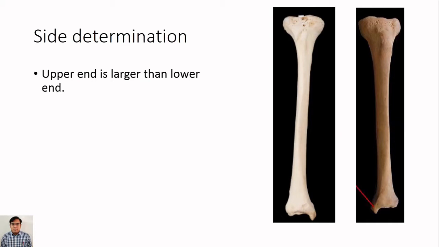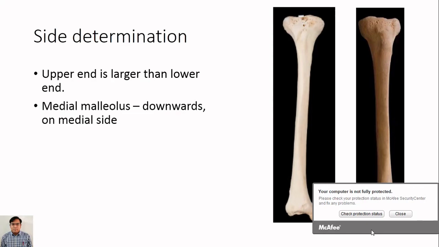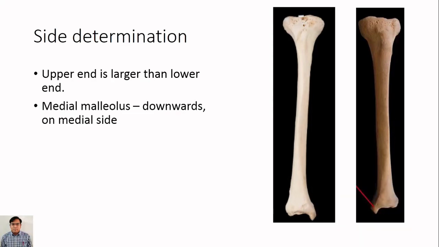Upper end is globular and forms the condyle. Now medial malleolus is directed downwards and medially. So you can see in lower end one prominence is there.